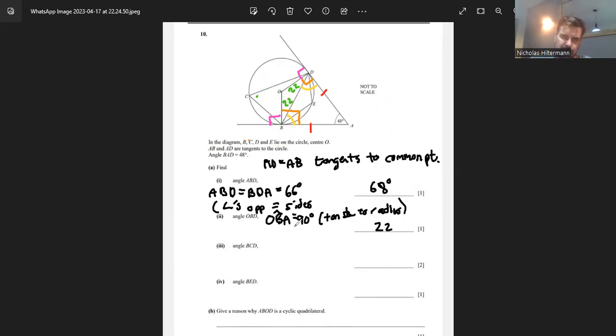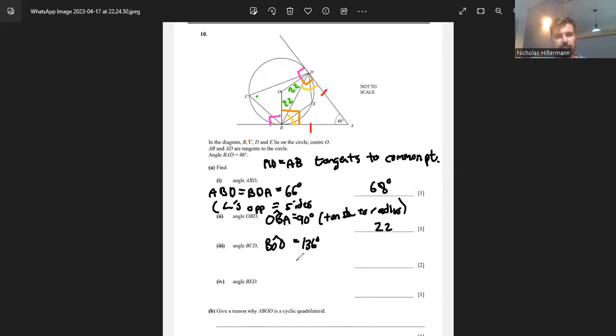So we already got that OBD is 22, so ODB is also 22, which means we get BOD. So BOD is equal to 180 minus 44, those two angles added together. So 136 degrees.